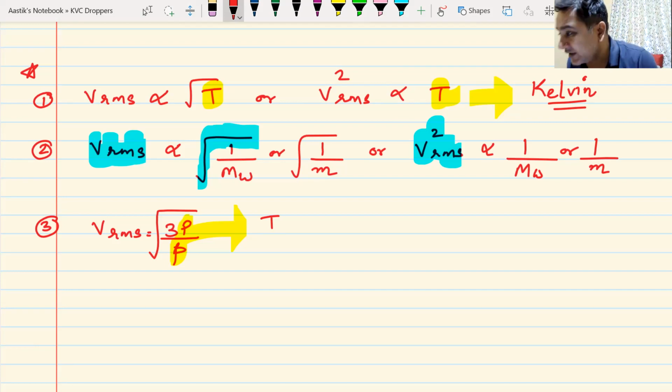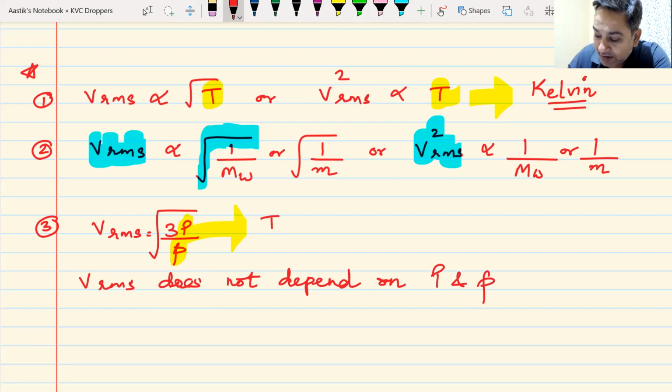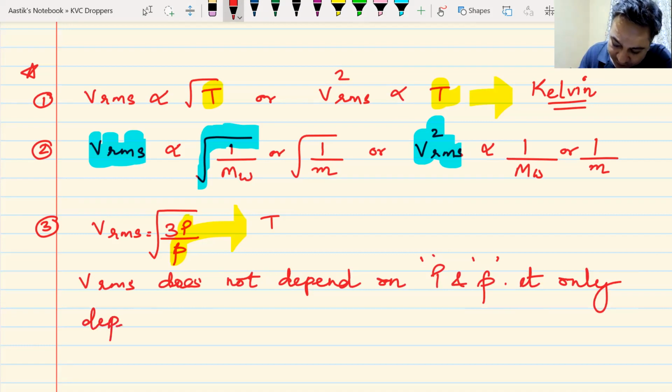So remember, the most important thing: VRMS does not depend on pressure and density of the gas. It only depends on the temperature of the gas.